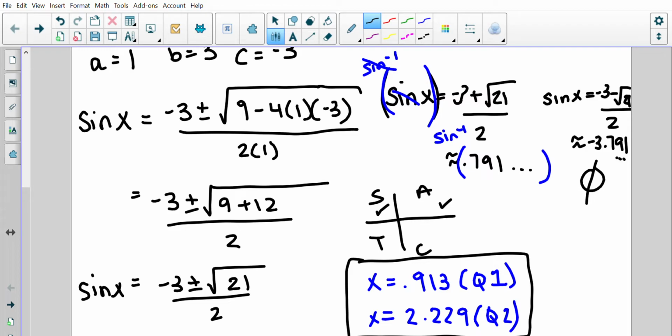Okay? However, if you wanted to check, here's what you would do. So I'm presenting this as a separate option. You can really do this with any problem that I've given you so far. You're going to go into your calculators, and on paper, whatever your equation is, you're always going to set it equal to 0, okay?